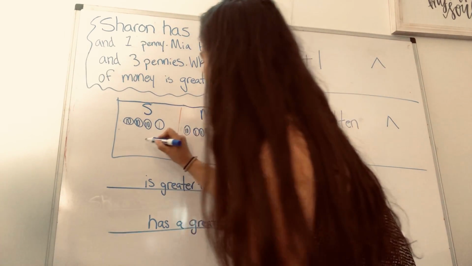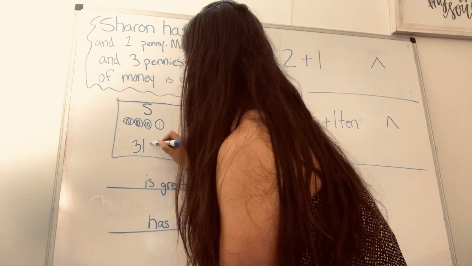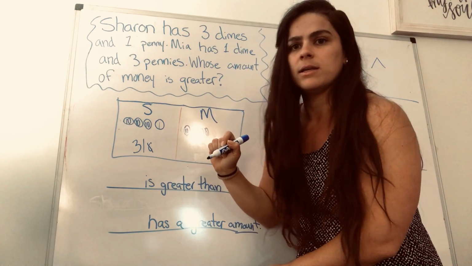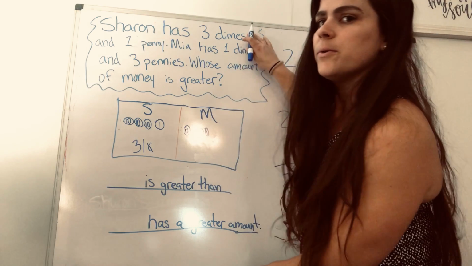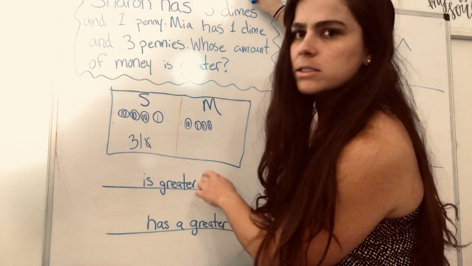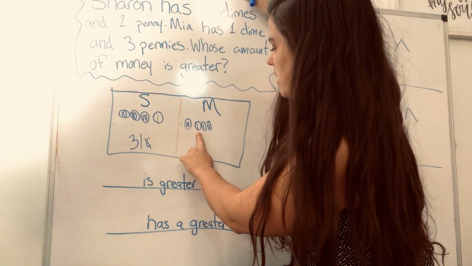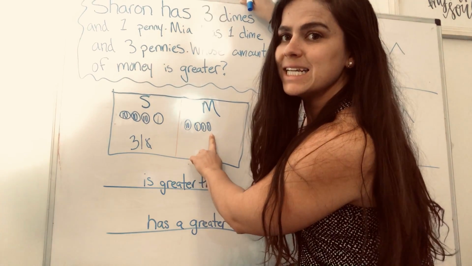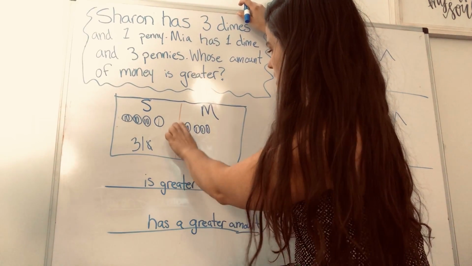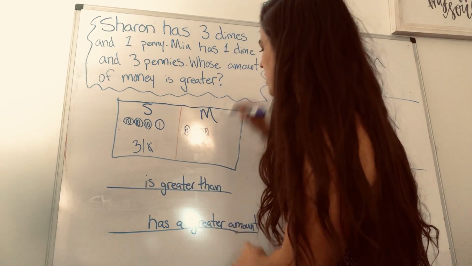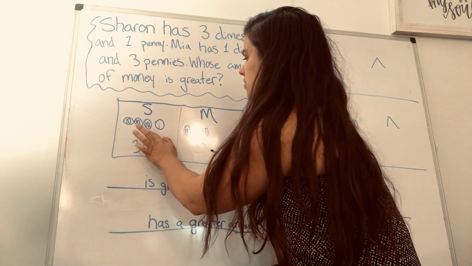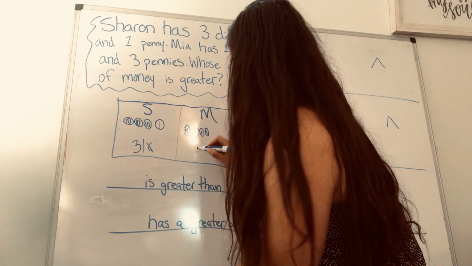Sharon has 31 cents. Okay, and then Mia, she has 10. I'm sorry, it's hard to see. She's got 10, 11, 12, 13. So I only counted 1 ten, and then 3 more. 10 and 3 is 13, or 30 and 1 is 31.